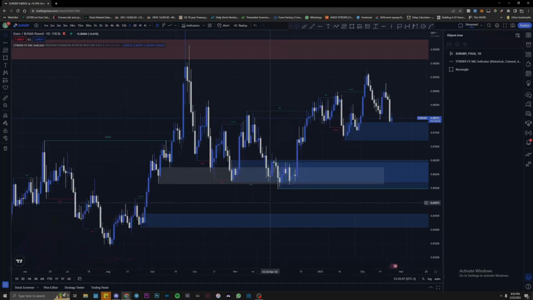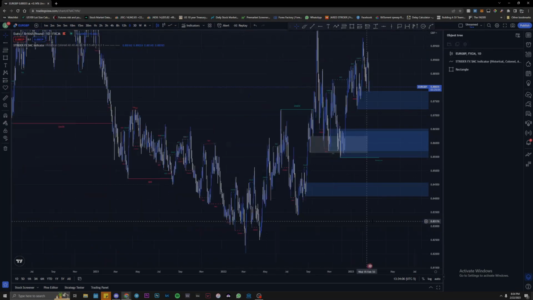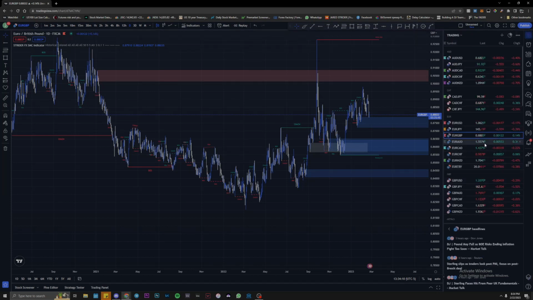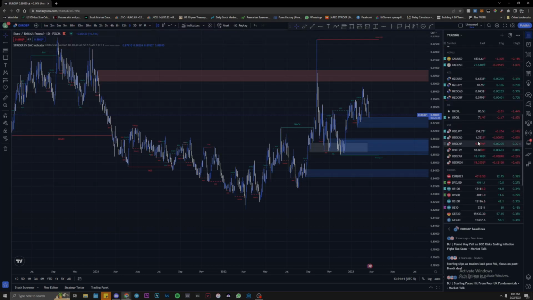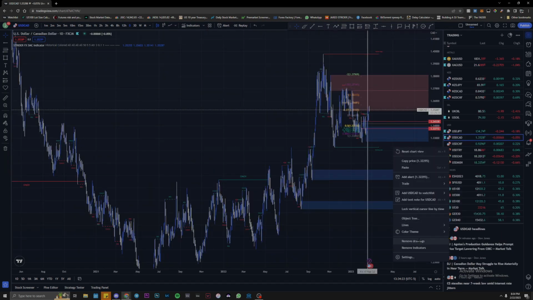Yes, we did come back down, but this is during December. December's always dodgy, but it came into this fair value gap and shot up. There was another pair he showed me that he did. What was it? What about USD CAD? No, we've been ranging there.